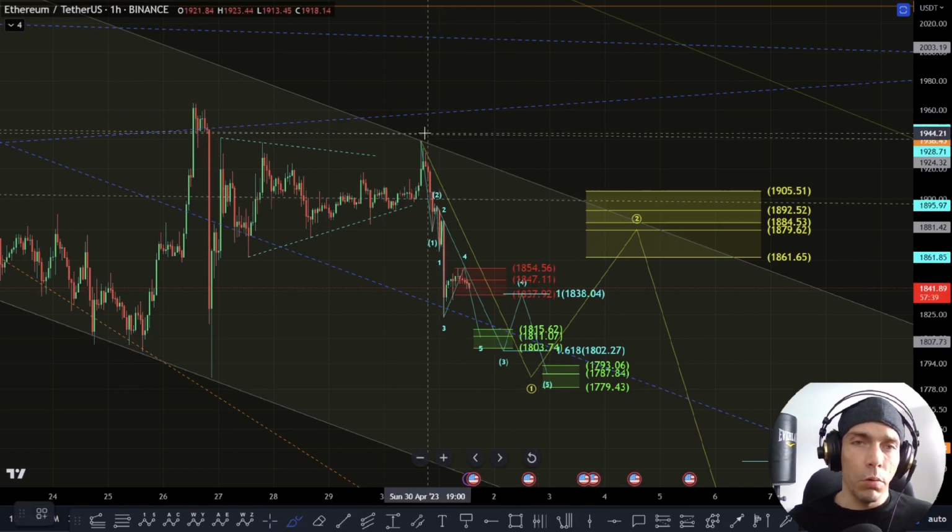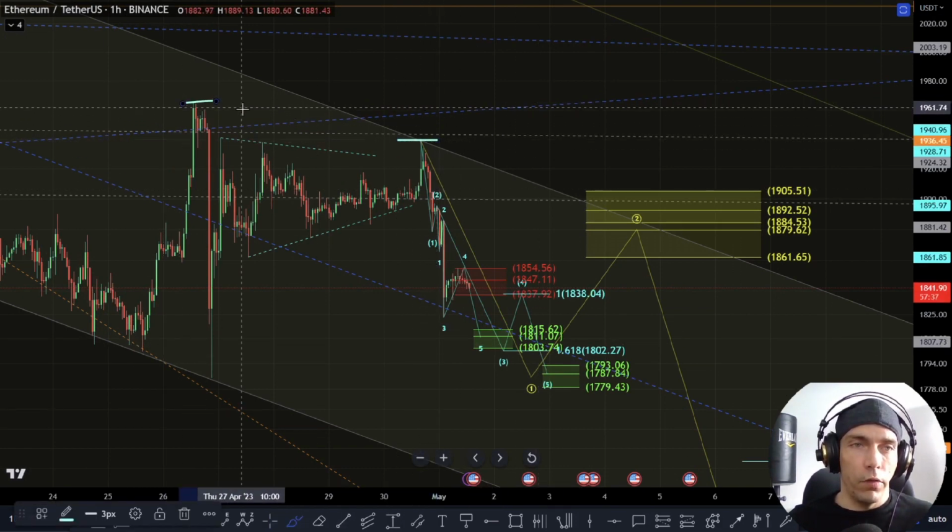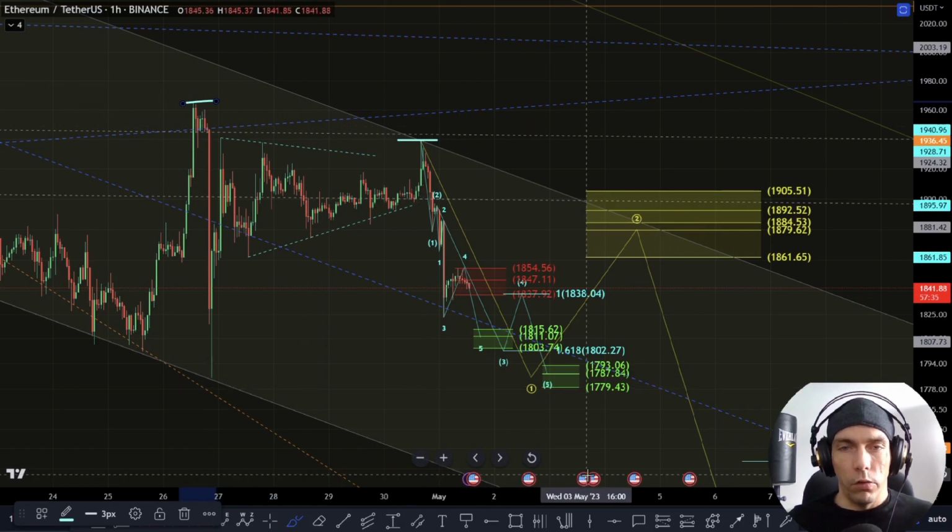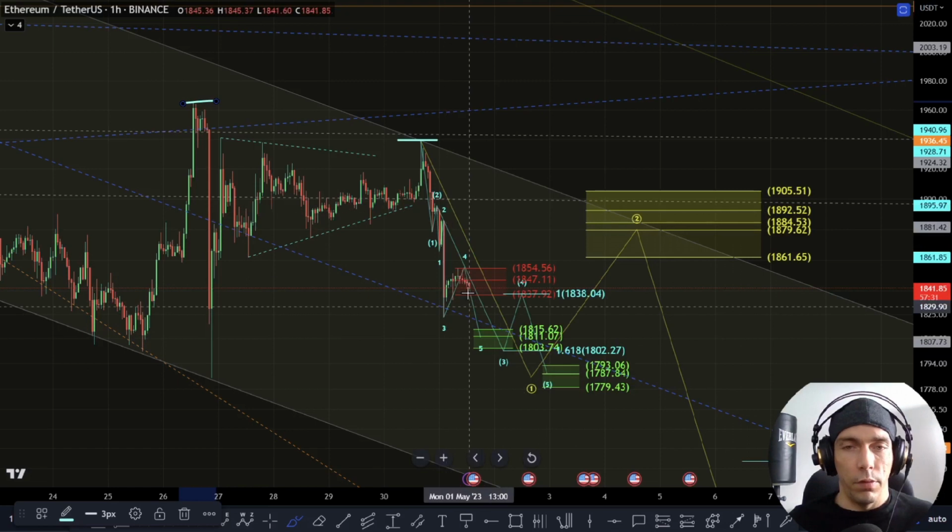But really, what we need to be cautious of is that until we actually take these 2 highs, we could just continue to extend directly to the downside. So we're going to have to just watch how this develops here.